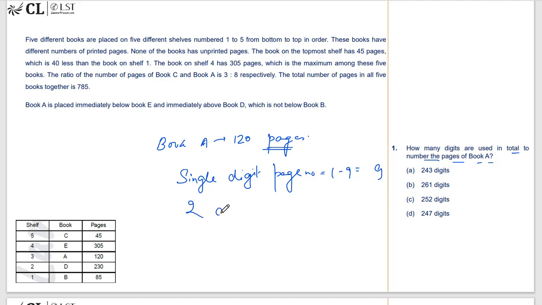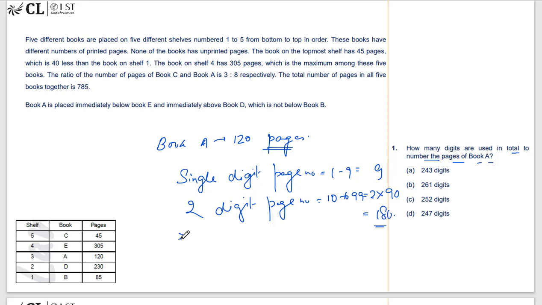If we talk about two digit page numbers, two digit page numbers would start from 10 and go till 99. So the number of digits that are being used is going to be 2 into 90, 180 digits here.